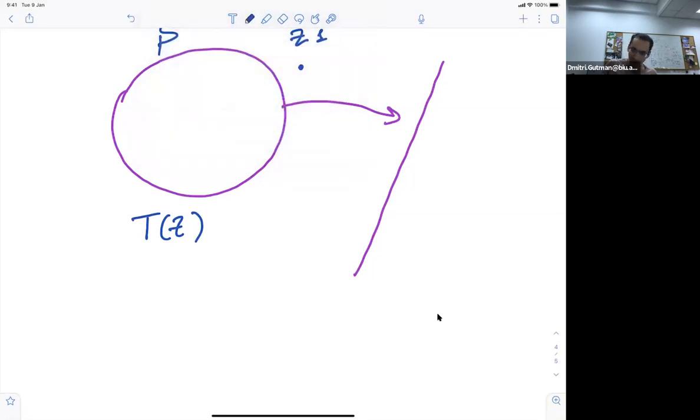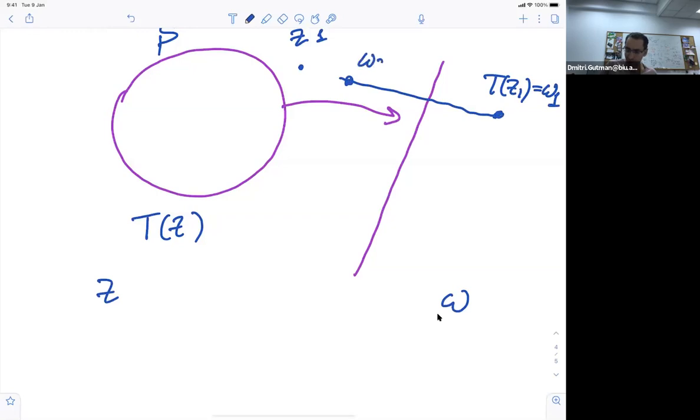And then this transformation will send point Z1 into some other point, T of Z1, which we call W1. But now on the W plane, so this would be Z plane, on the W plane, we have a point W1 and a straight line. And we know that with respect to a straight line, we can find its symmetric partner. So this will be W2, which is symmetric with respect to the line. And then, since Möbius transformations are reversible, we construct an inverse transformation T-1, and apply it to W2.